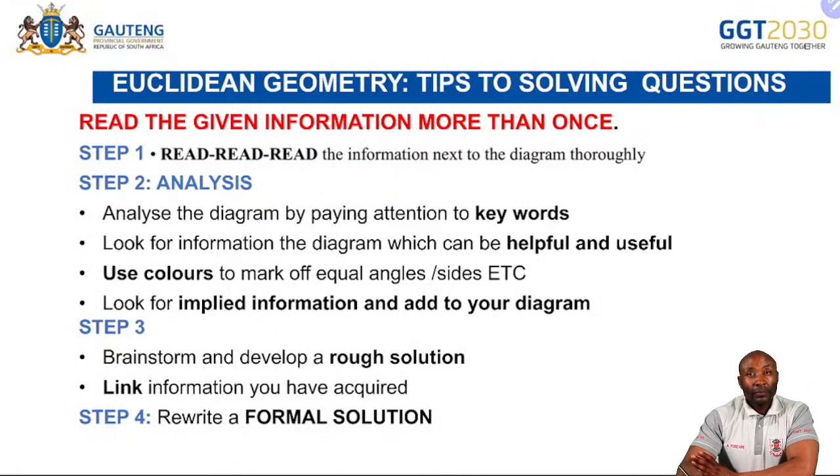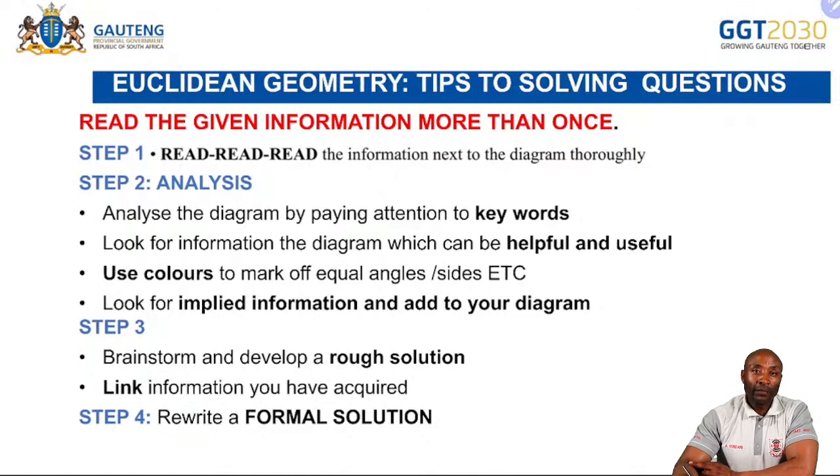Now, here are the tips of how we solve questions in Euclidean geometry. Read, read, read the information next to the diagram thoroughly. The challenge is we are quick to just look at the diagram and want to answer without understanding the scenario.